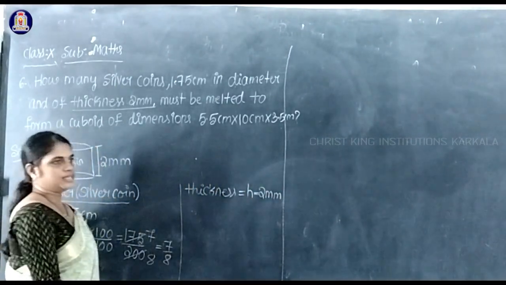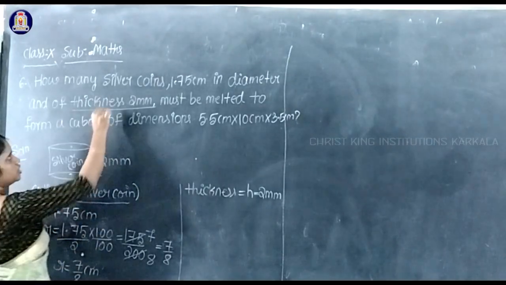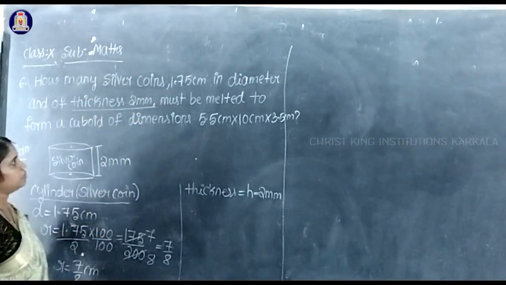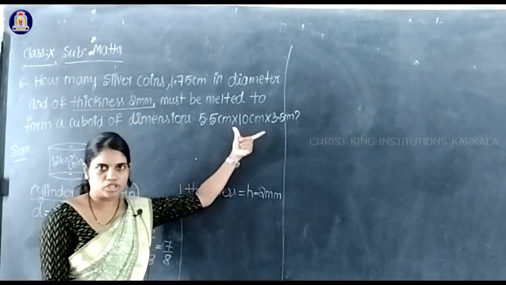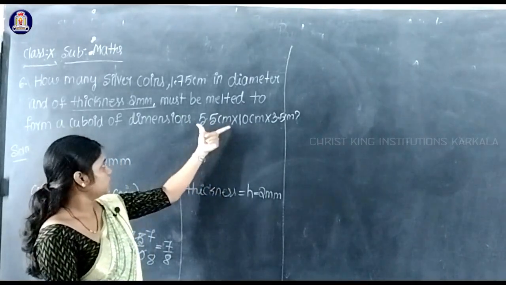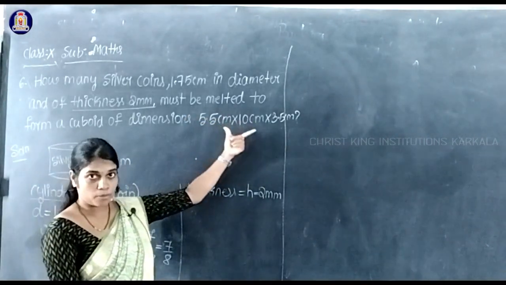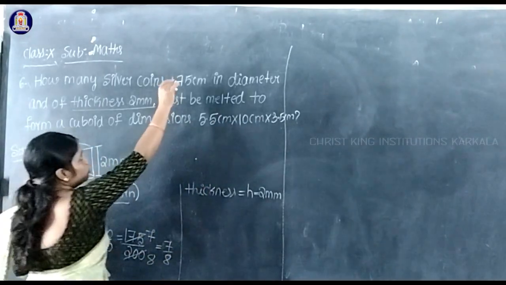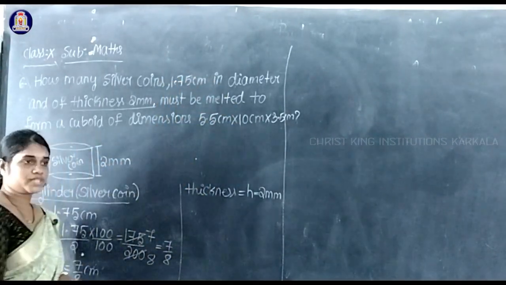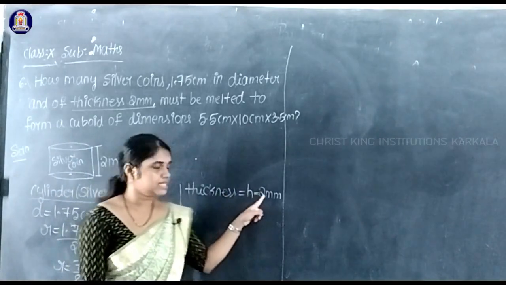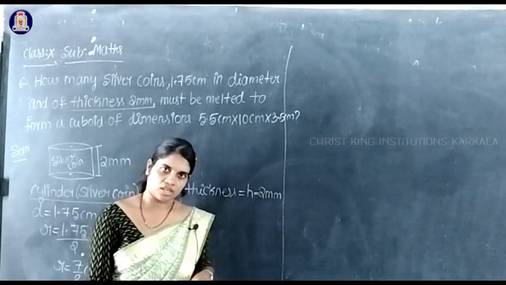See students, here all the information is given in terms of centimeter, isn't it? This is the dimension of a cuboid, also in centimeter. Diameter is also given in centimeter, but only thickness is given in millimeter.